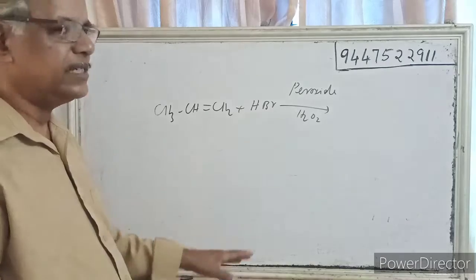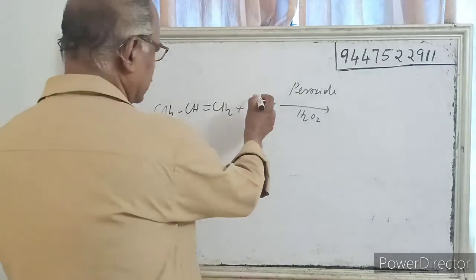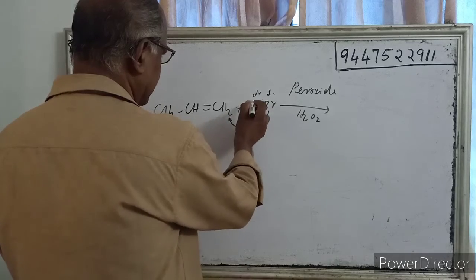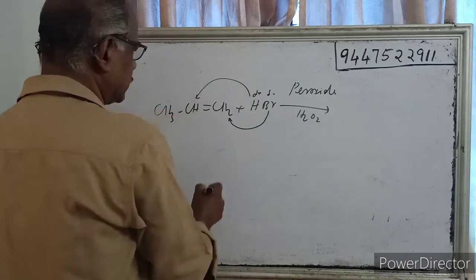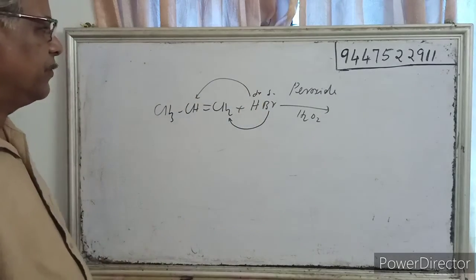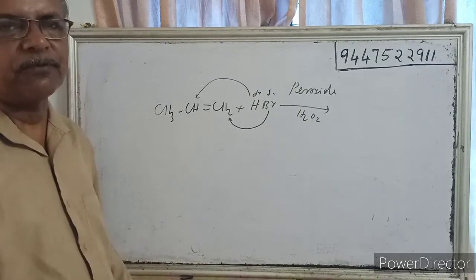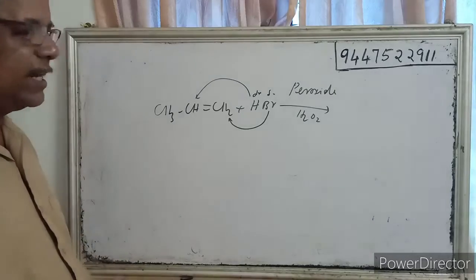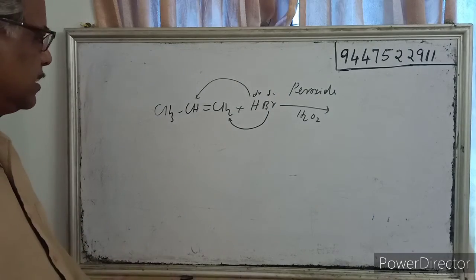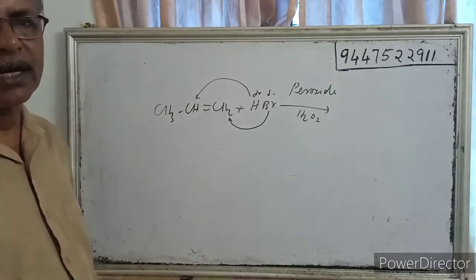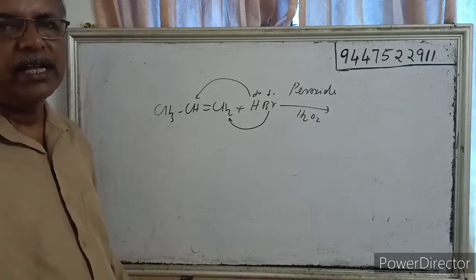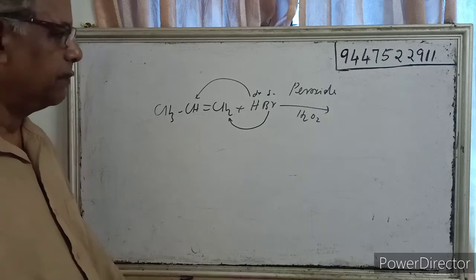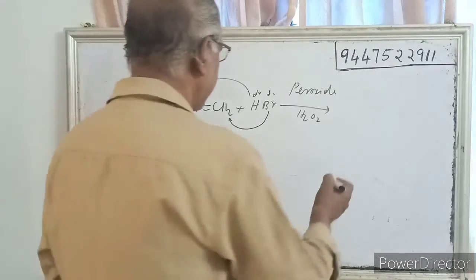In this case, the negative part goes to the CH2 carbon atom and the positive part goes to the CH group. Addition takes place against Markovnikov's rule, and this is called Kharasch effect or anti-Markovnikov's rule, peroxide effect, etc.